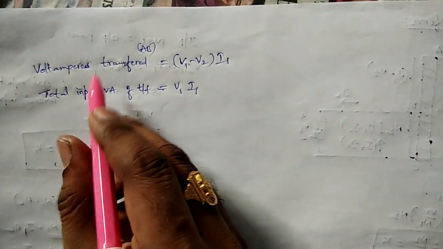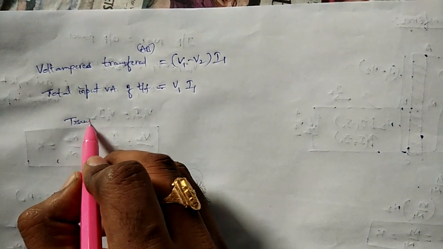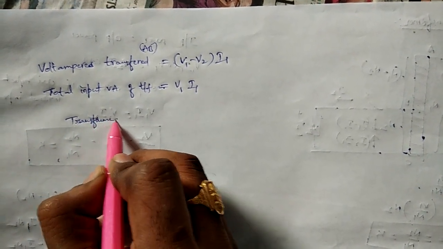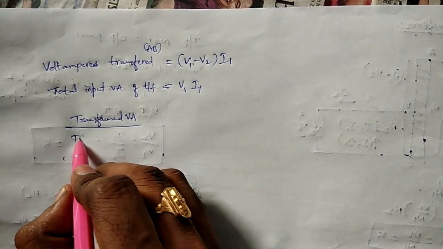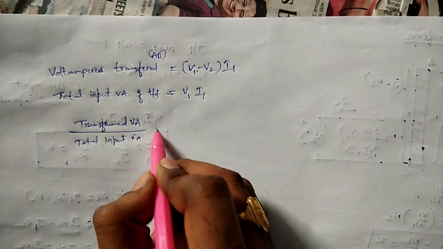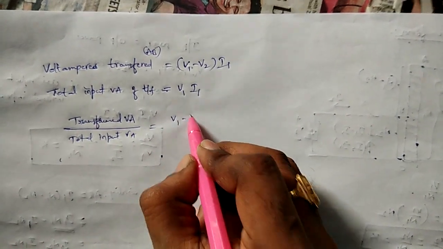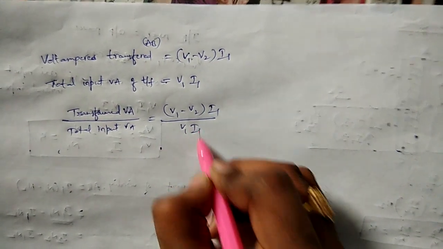Now let us divide these two equations. So transformed volt amperes divided by total input volt amperes is equal to V1 minus V2 into I1 divided by V1 into I1.